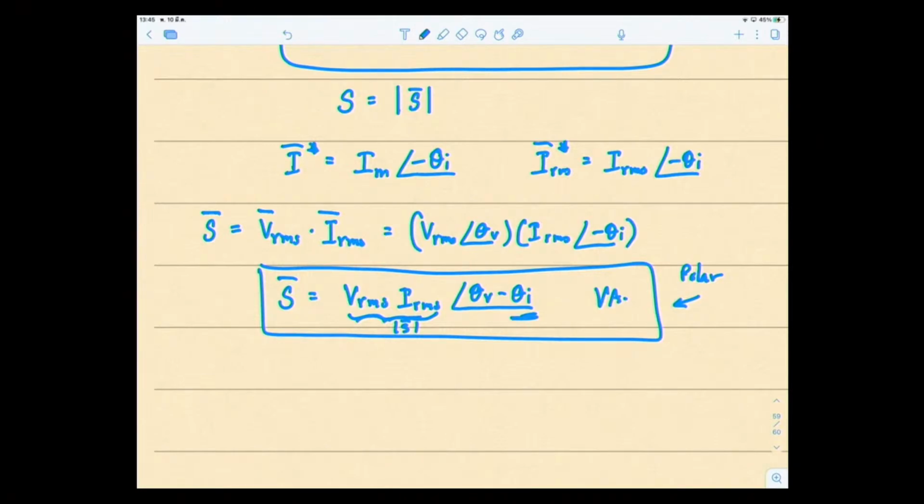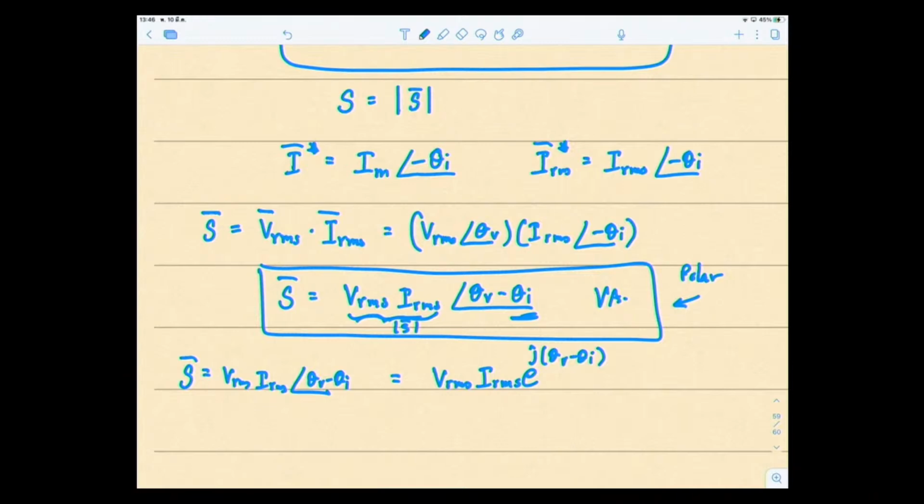It is one form of a complex number. Another form is the exponential form. So Vrms Irms angle theta V minus theta I in polar form can also be expressed as Vrms Irms e to the j(theta V minus theta I).